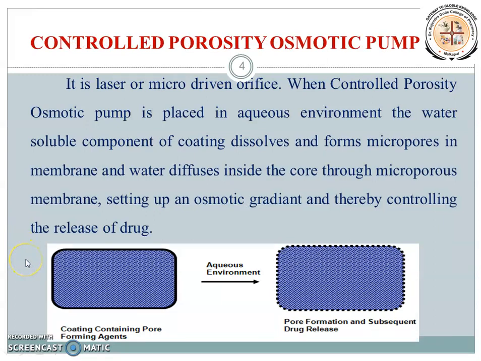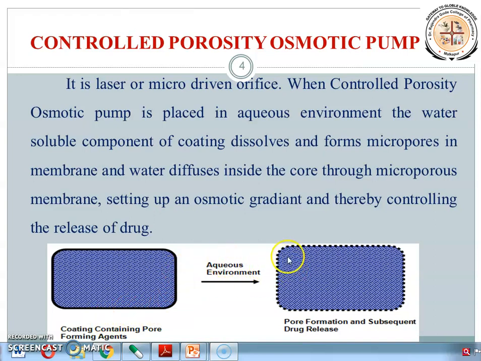In this controlled porosity osmotic pump, the drug along with the osmotic agents is enclosed in a hydrophilic polymeric or water soluble polymeric system. When such a system comes in contact with water, the water soluble polymer gets dissolved and forms small pores in the system.